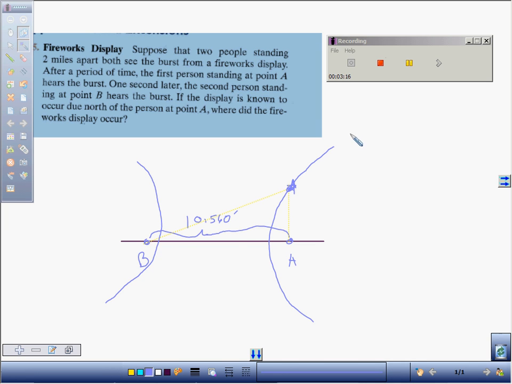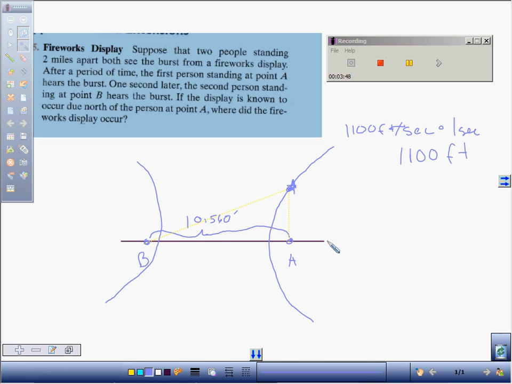And since sound travels, they tell you in the book, at 1,100 feet per second, since the difference in the time they hear the bang is 1 second, that must mean that their distance apart is 1,100 feet per second times 1 second, which is 1,100 feet, right? So what that means is that this minus this is 1,100.